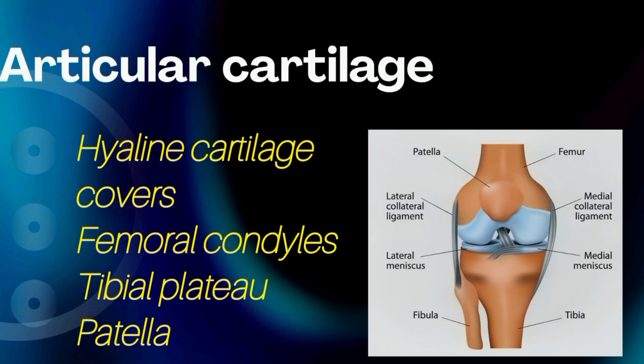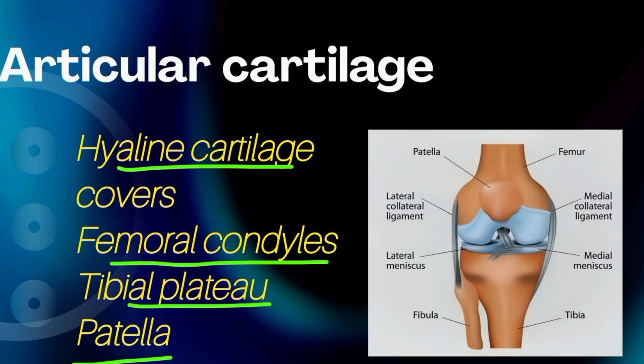The articulating surfaces of the knee joint are covered with hyaline cartilage, which covers the femoral condyles, the tibial plateau and the articulating surface of the patella. This cartilage helps in reducing friction and absorbs shock during movement. It ensures smooth and pain-free motion of the joint.